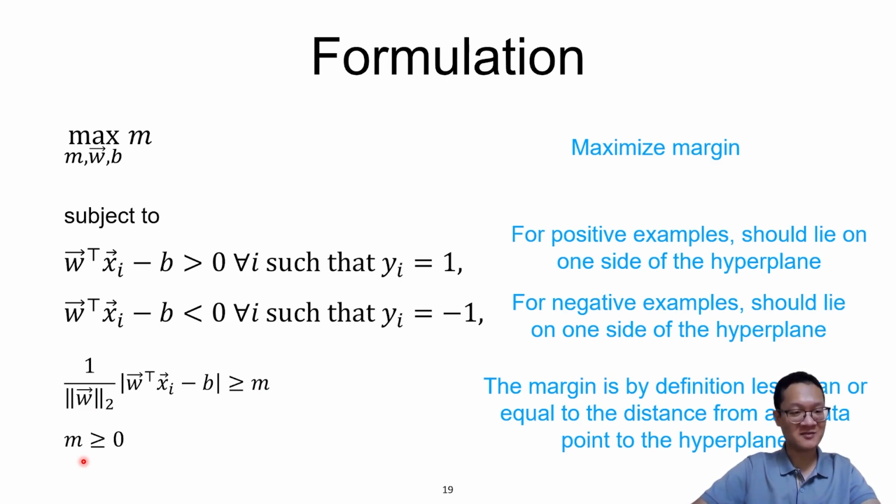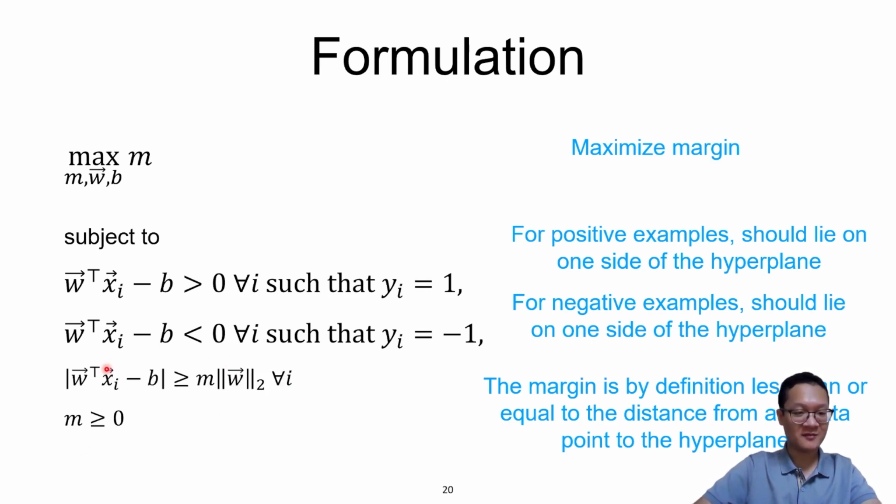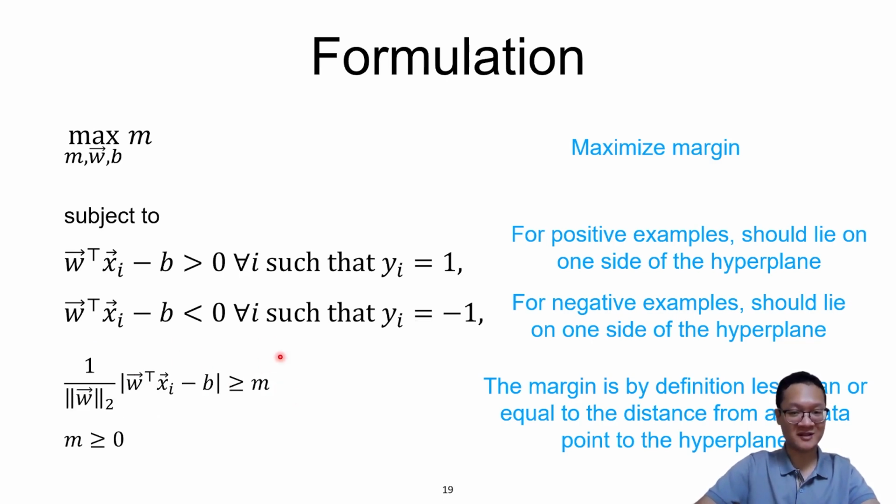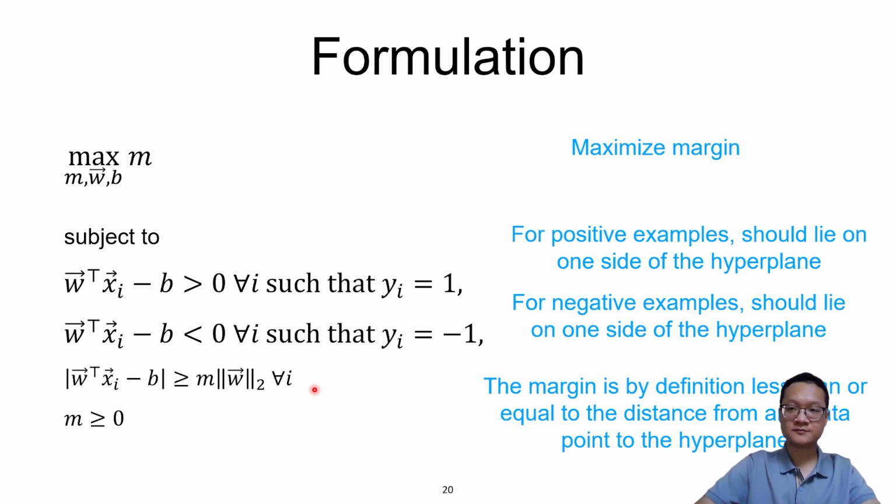Okay, so next we did some simple algebra, multiplying the third constraint by the 2 norm of w on both sides. And of course, we have to put in "for all i" for this constraint. I think I forgot to do that here. Okay, so the next step was to split up this absolute value into two cases.